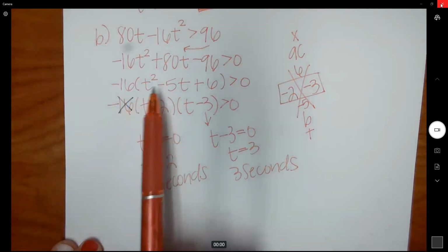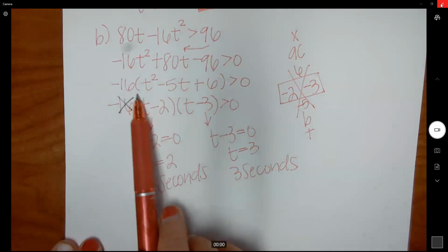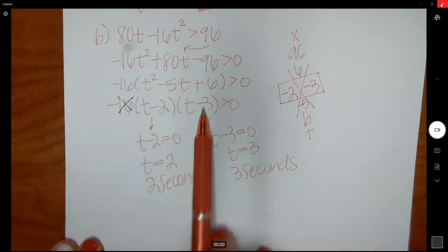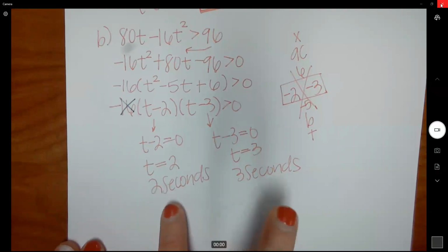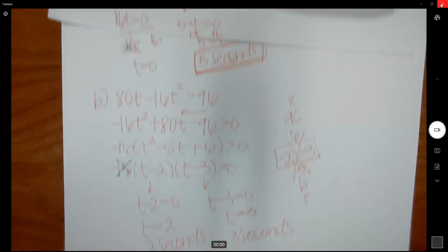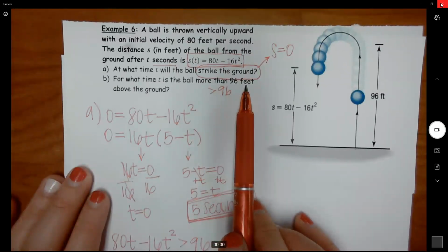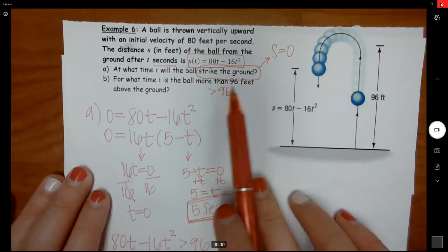So I factored, we'll just back up. I factored and I set my two factors equal to 0 and solved, and I got 2 seconds and 3 seconds. And I'm wanting to know up here, when is it more than 96 feet?